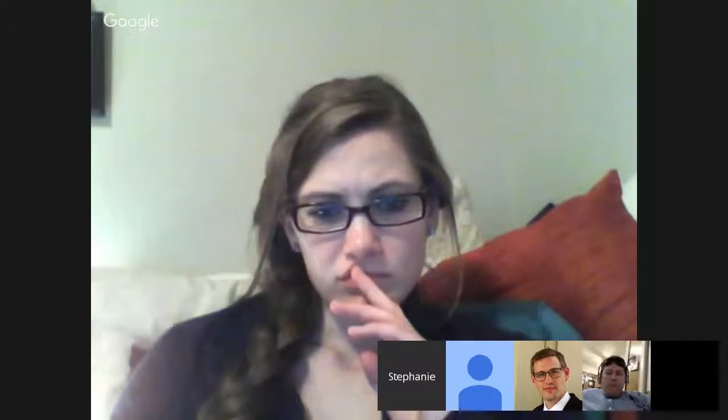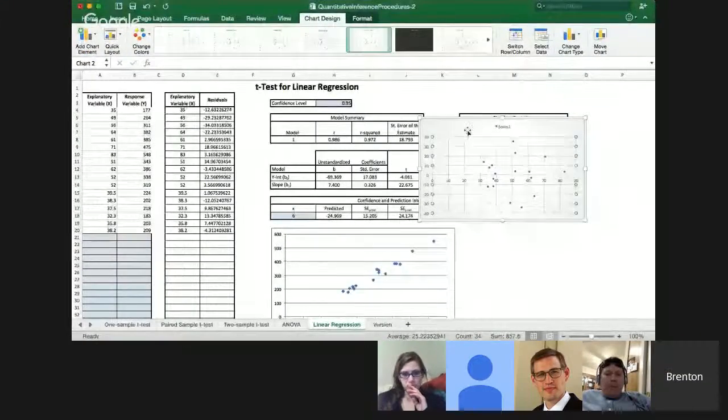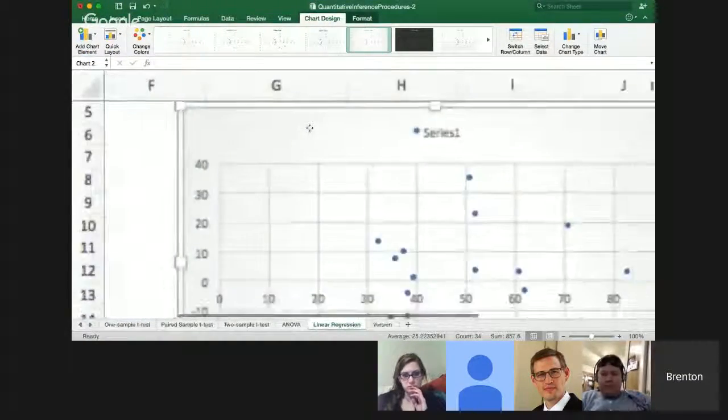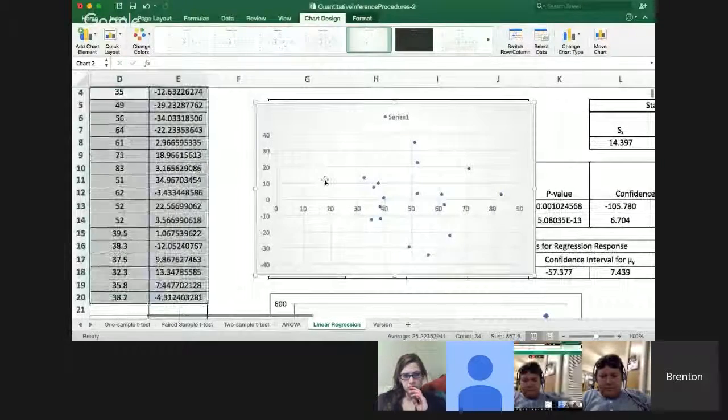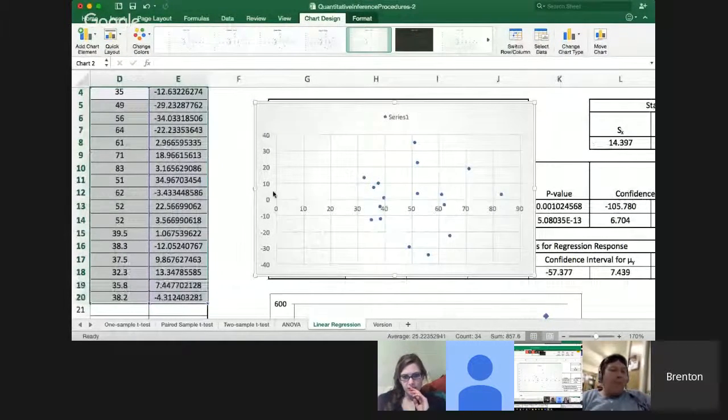Does yours look like it has a crescent shape where it starts? Here's mine right here. Yeah, that's that crescent shape. But the other one is closer to 0, so I'm trying to figure out why.